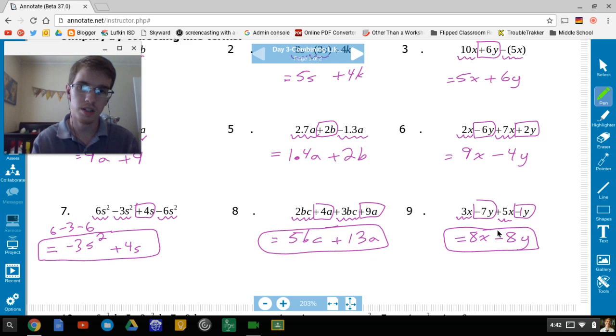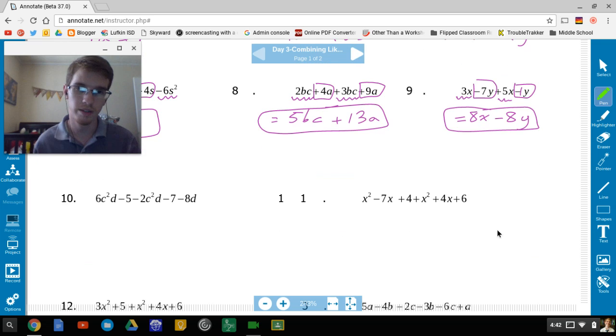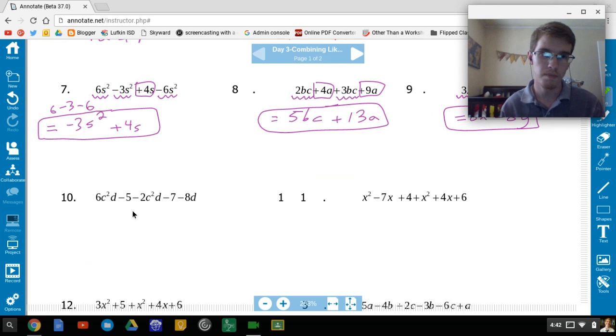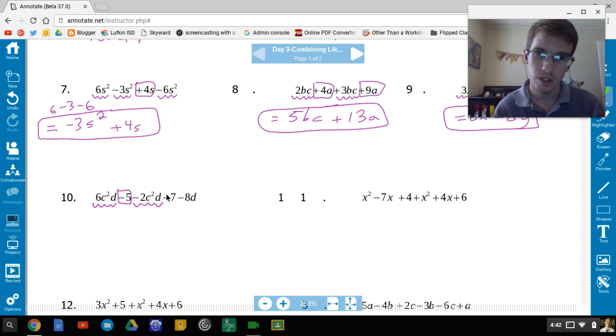Okay, next we have numbers 10 and 11. I don't know why that's spaced out so strange, but it is. So let's see, same variable, same exponents. c squared d, c squared d with a minus 2 there. We have a minus 5, minus 7. They have the same because there aren't any variables. And then we have one other thing here.